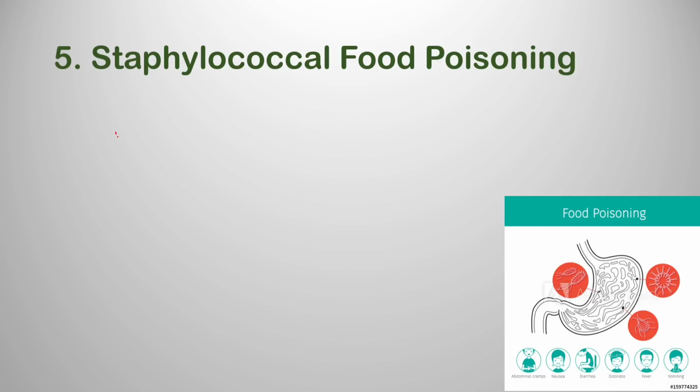It is caused by consuming food in which Staphylococcus aureus has multiplied and formed toxins. Symptoms are nausea, vomiting, severe abdominal cramps, sweating, headache, etc.